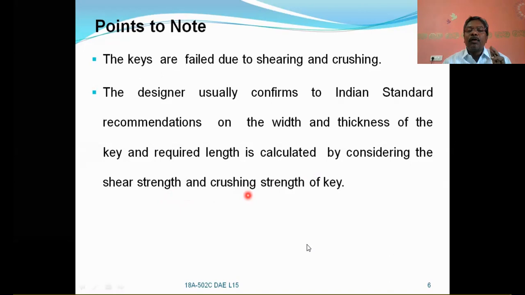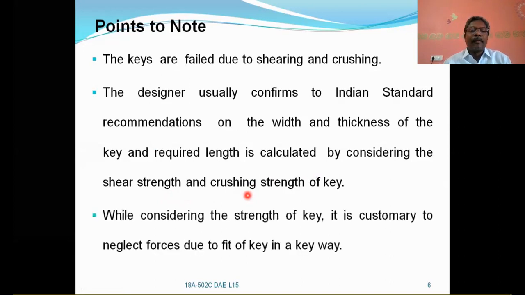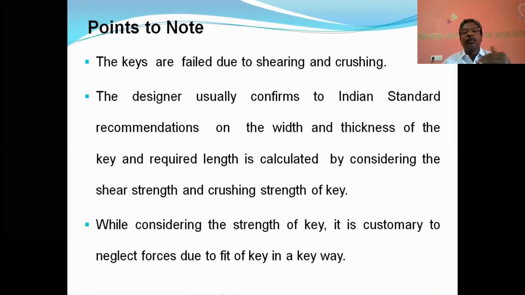It means, first of all, you have to take the proportions as per the Indian Standards relating to the width and thickness, and then the length can be calculated by considering the shear strength as well as the crushing strength of the key. While considering the strength of the key, it is customary to neglect the forces occurring due to fitting of the key in the keyway.